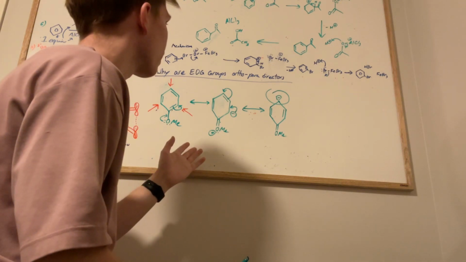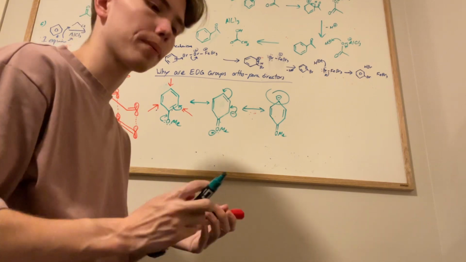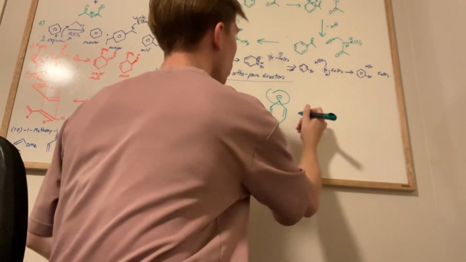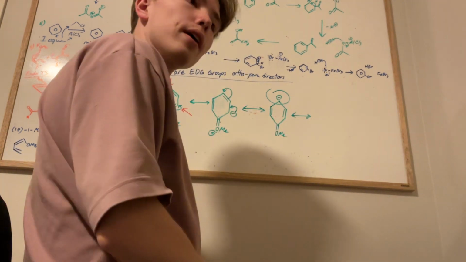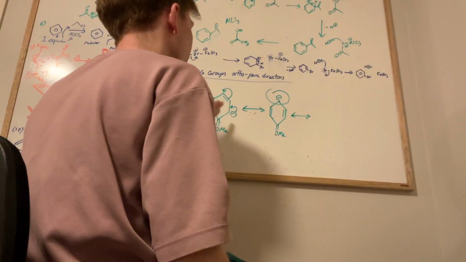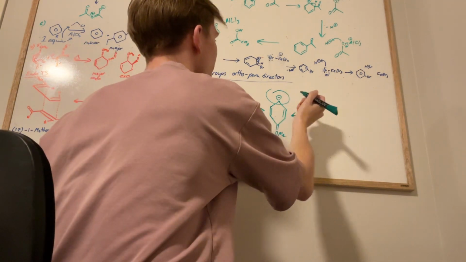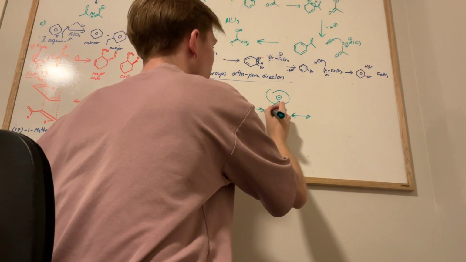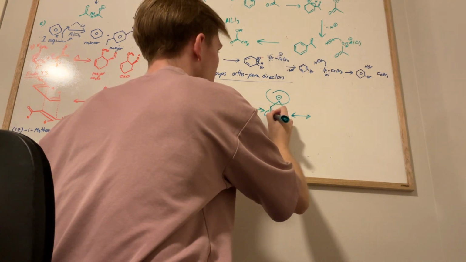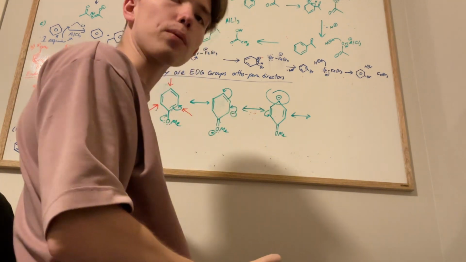There's really no need to draw another one, but I will, just to show you that both ortho positions are capable of reacting, even though it's a symmetrical molecule so they're the same thing. This pi bond is going to get pushed onto this carbon, because it can't get pushed over here again, or we'd have a pentavalent carbon with too many bonds.